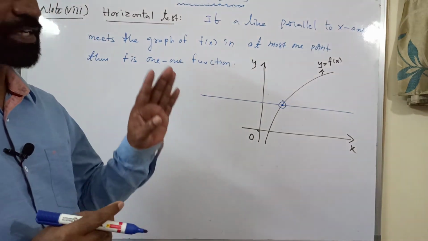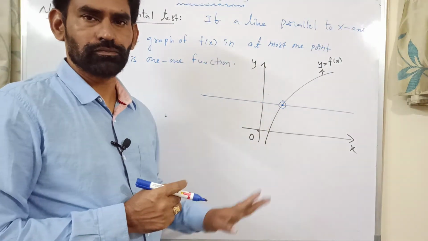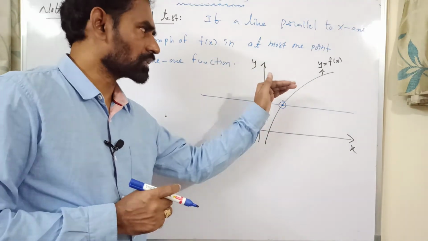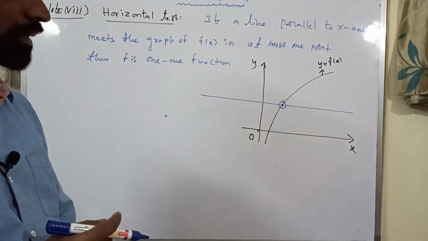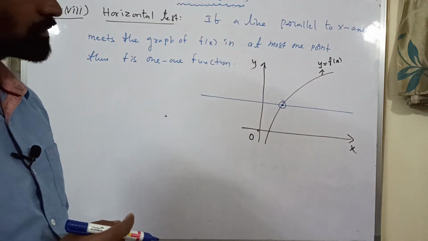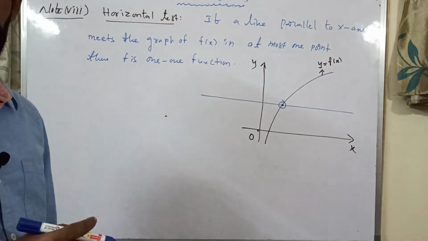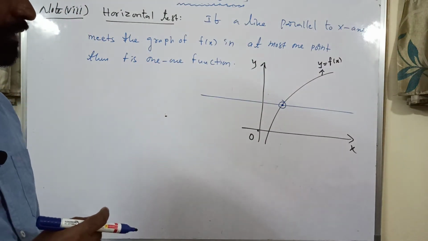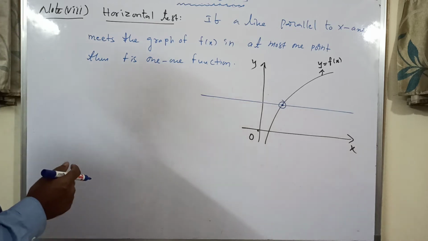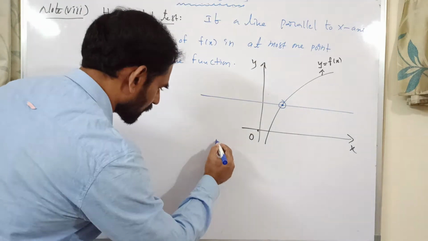At most, the maximum number of points is only 1. Then this function is known as a 1-1 function. This method is known as the horizontal test.